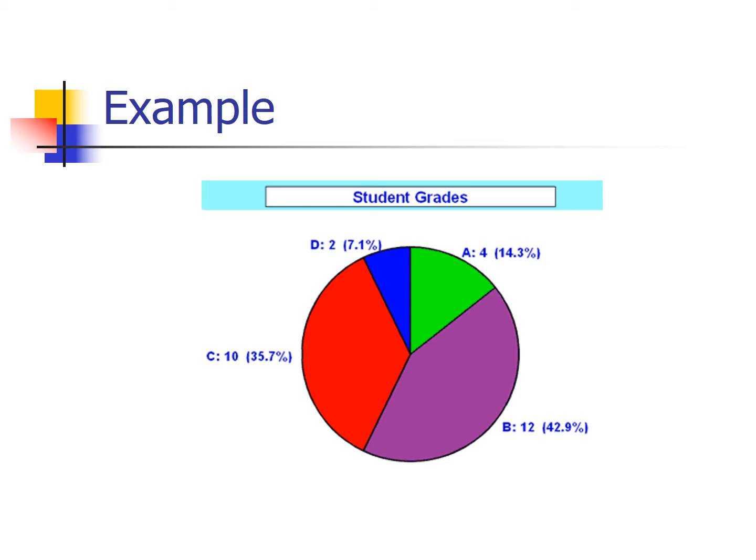That's the power of the visual summary, how instantaneously that information is communicated to us. The human eye is very good at looking at pictures and understanding what those pictures are telling us. We can see that the percent of students that got a B is a bit less, but close to half of the class.